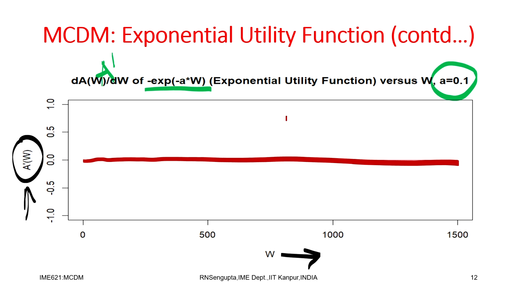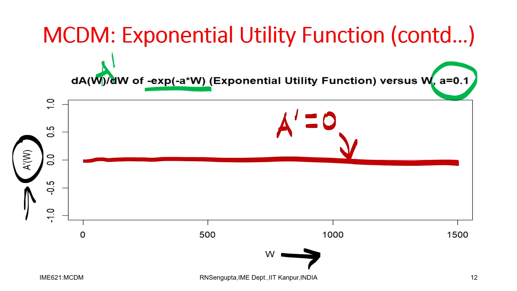So, if you remember, we had derived a prime as 0, and this is being very nicely replicated here. That is why I told you that if you draw the graph separately, it becomes easier for us to understand. For the next case, if you remember, r prime was a constant, a was constant.